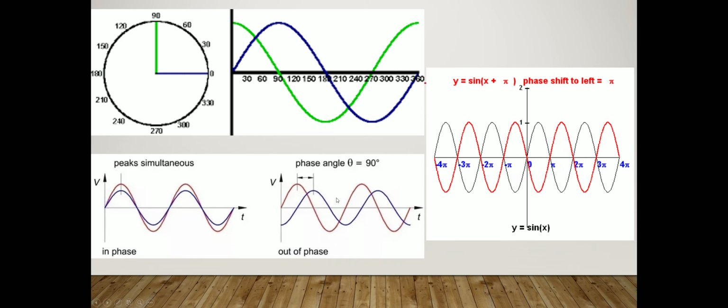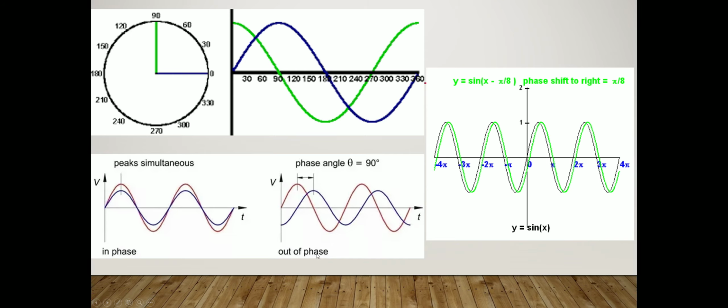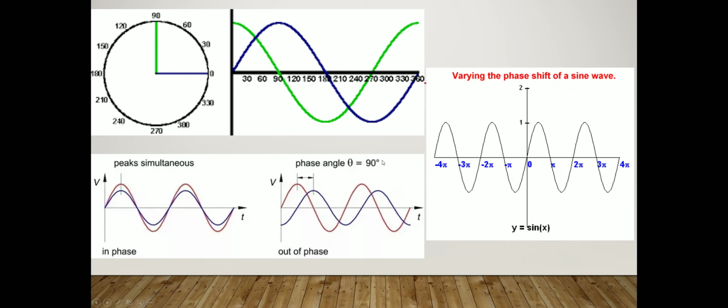But when two waves have different nodes and antinodes, we say that they're out of phase. So both of these waves have two different nodes and two different antinodes. Well, we explain how out of phase they are by saying what kind of angle they have.